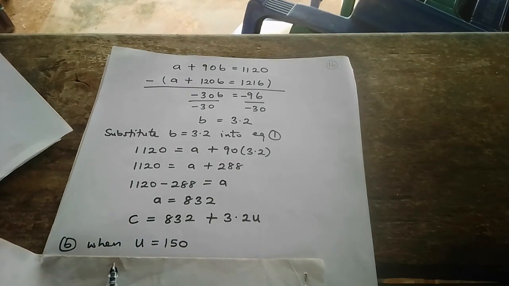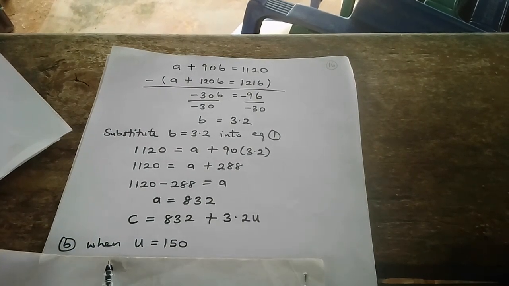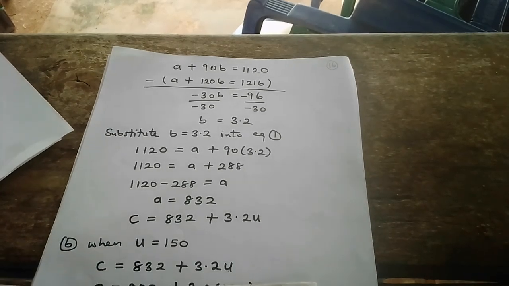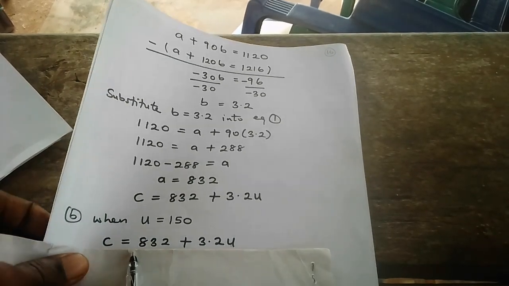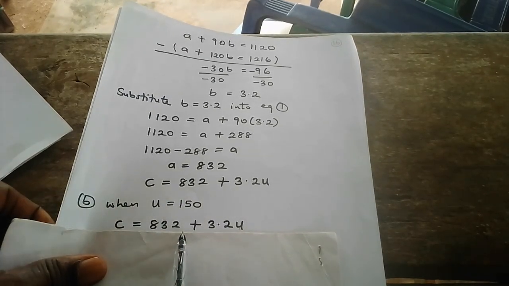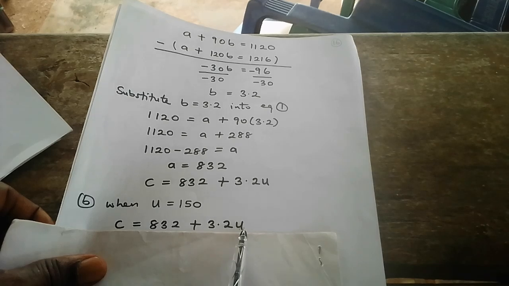So then the question now says that when U is equal to 150, what is the value of C? So you are now going to use this as a formula. C is equal to 832 plus 3.2U.